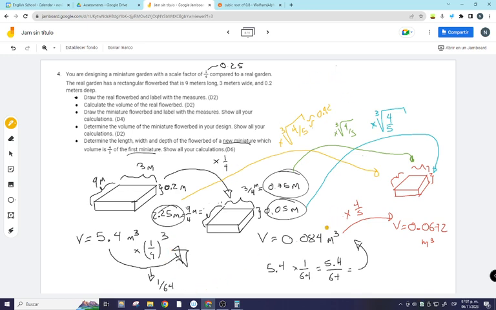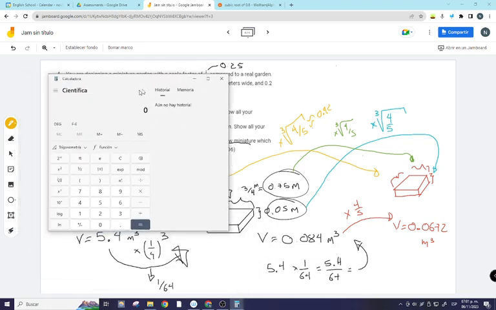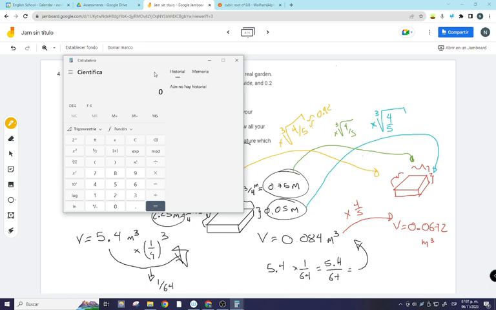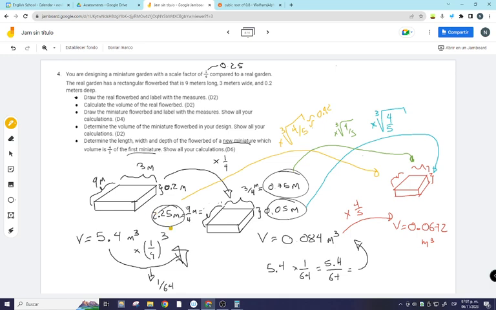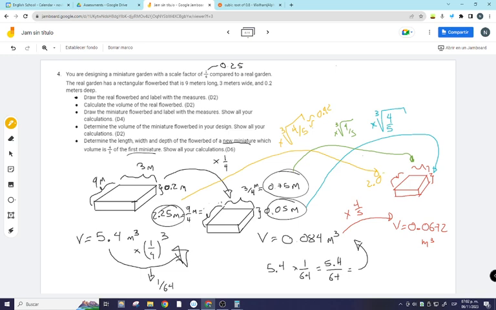So basically, let's do it one by one. 2.25, which is this measure, times 0.92. Excuse me, I said the wrong number. So it is 2.07 meters.